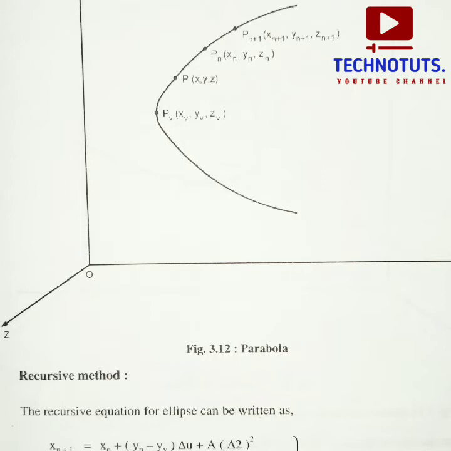Point Pn is situated at coordinates xn, yn and zn, and point Pn plus 1 is situated having coordinates xn plus 1, yn plus 1 and zn plus 1.